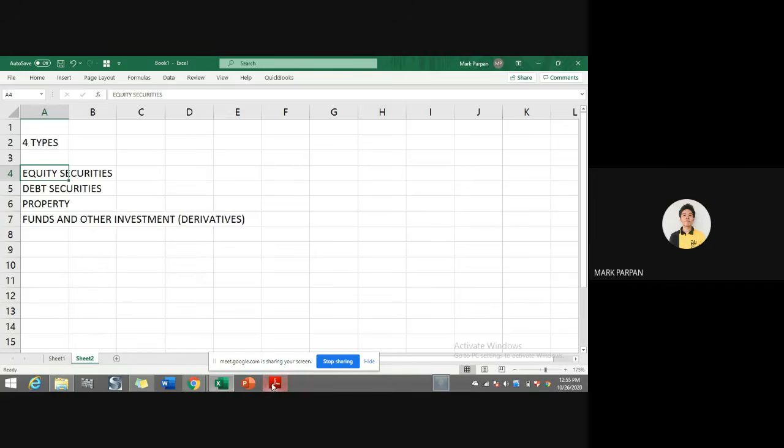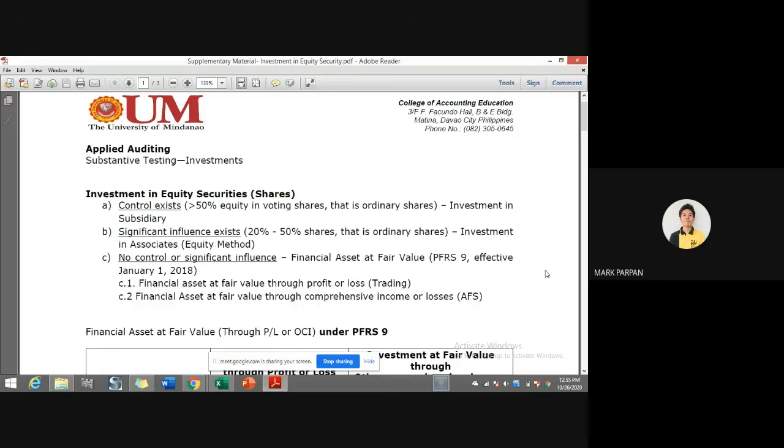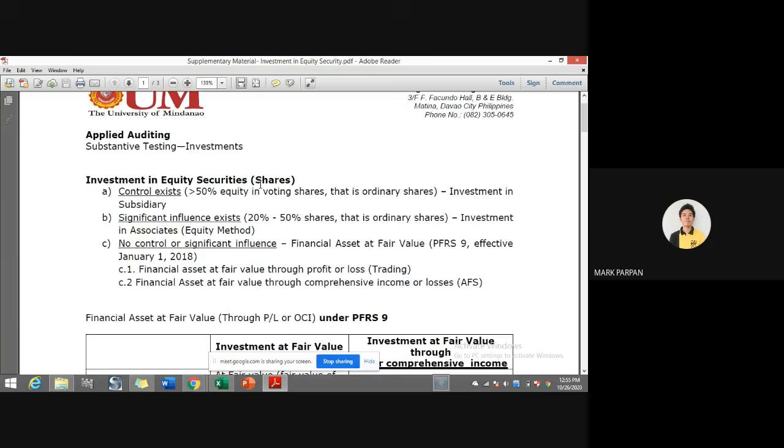So let's jump into this chapter. Investment in equity securities, or investment in shares, has three types. The first is if control exists. Second, if any significant influence exists. And third, investments in shares which have no control nor significant influence.